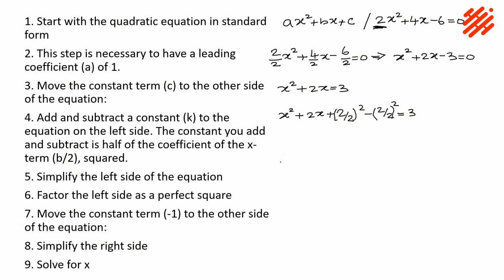Then step 5, simplify the left hand side of the equation. So x square plus 2x plus 2 by 2 is 1, and minus 2 by 2 is minus 1, equal to 3. Step 6, factor the left side as a perfect square.